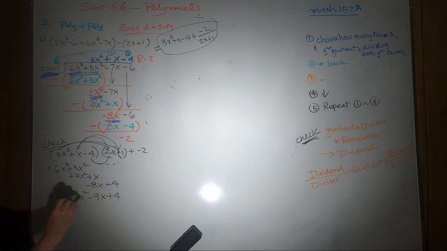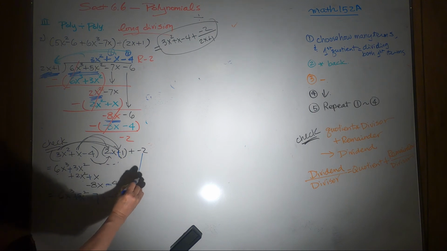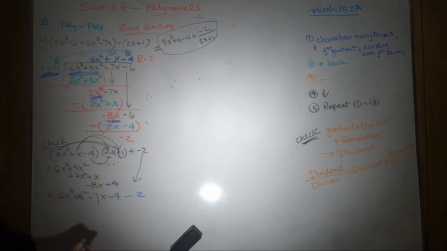So this added together is plus 5x squared. This one is minus 7x and minus 4. Do we get it back? 6x cubed plus 5x squared minus 7x. Oops, minus 4 is now minus 6. Why? Because we have another one, we have to minus 2.